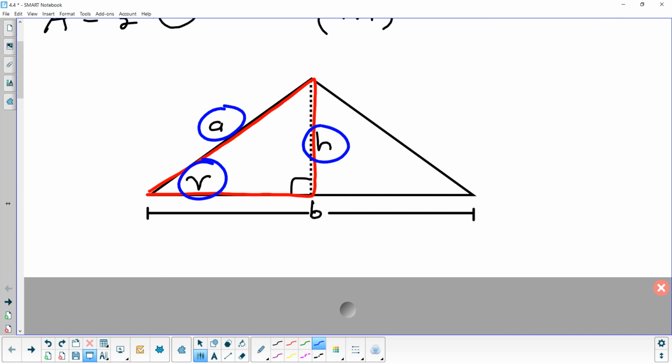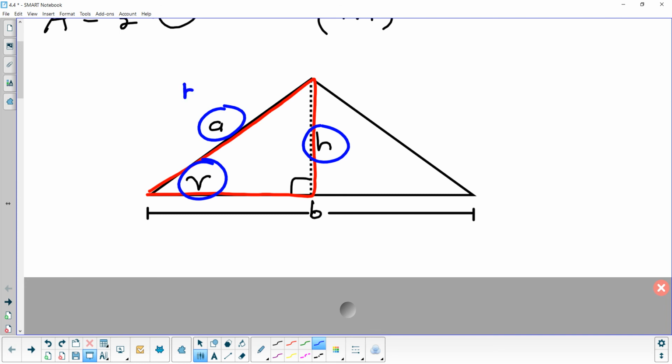Side A is across from the 90. Ben, what do we call the side that's across from the 90? We are going to use those terms. That's what I'm looking for. But the side across from the 90 isn't either one of those. The one across from the 90 always has a special name. Is it the hypotenuse?